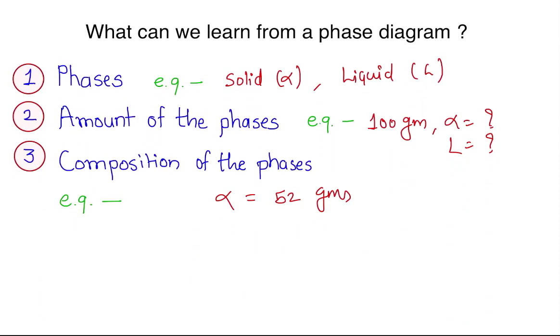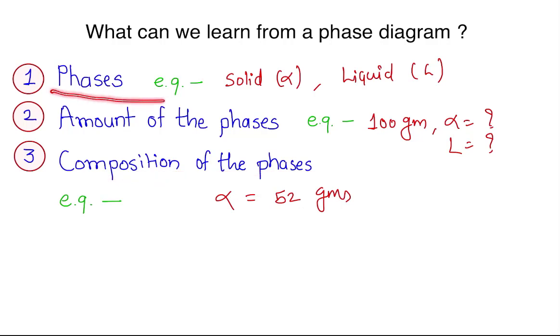Now the question is, what can we learn from the phase diagram? We can study three things from the phase diagram. First is the number of phases. Second is the amount of those phases. And third is the composition of those phases.